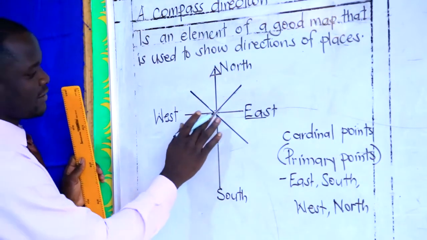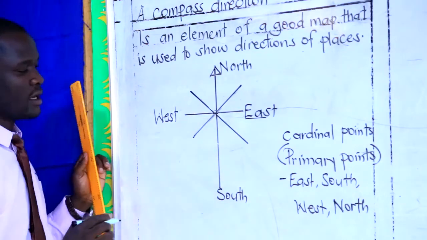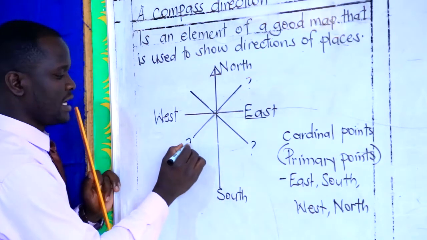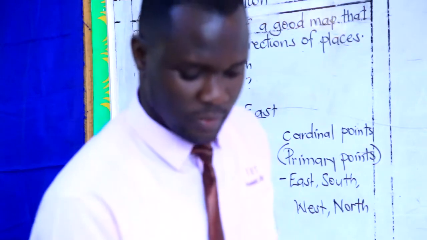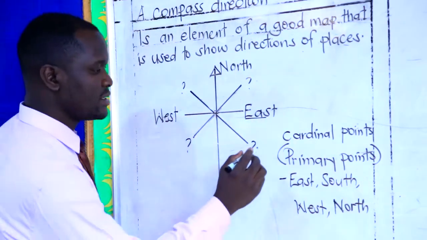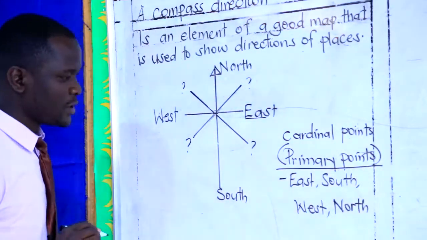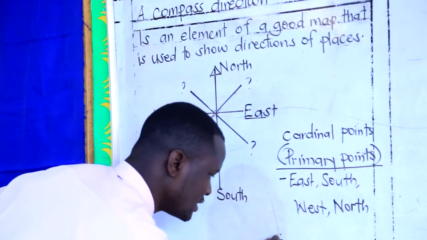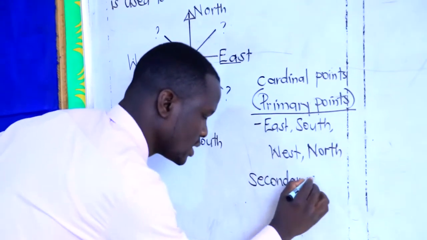We are going to give these ones, found in between the cardinal points, their names. If the other ones are primary points, one can call these ones secondary points.